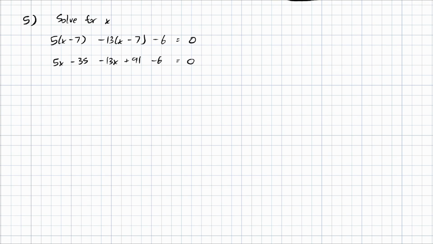Okay. Number 5 is to solve the following equation. My equation is 5 times (x minus 7) minus 13 times (x minus 7) minus 6 equals 0. First things first, let's distribute: 5x minus 35 minus 13x plus 91 minus 6 equals 0.